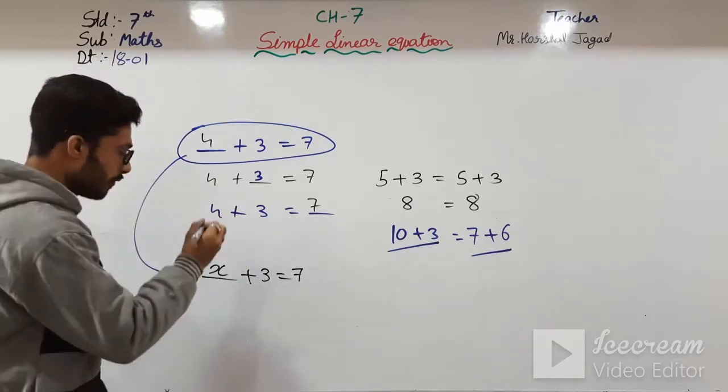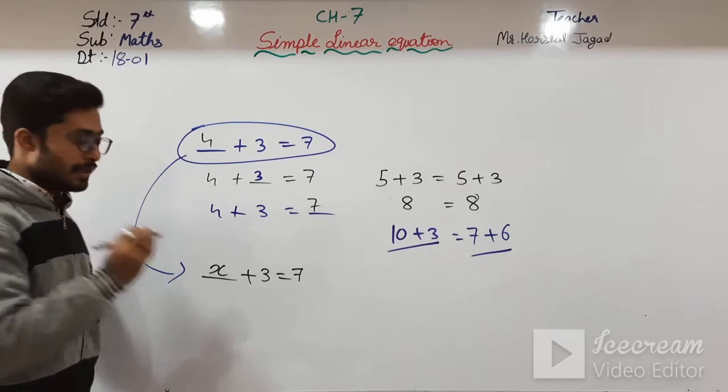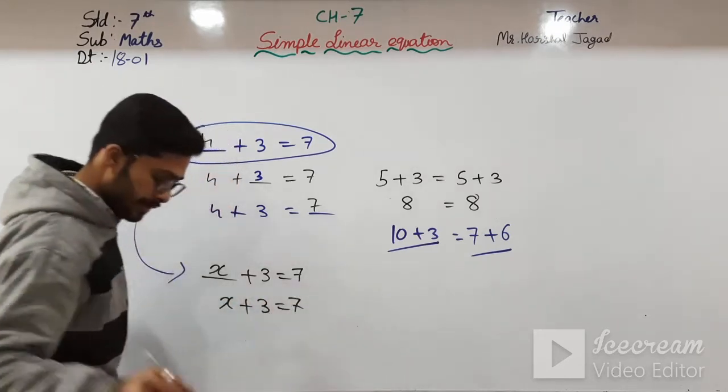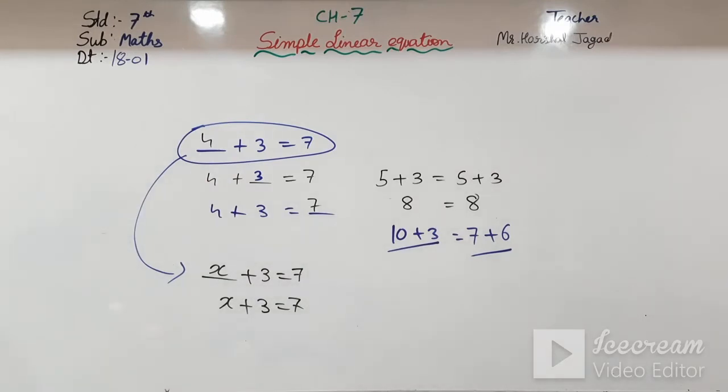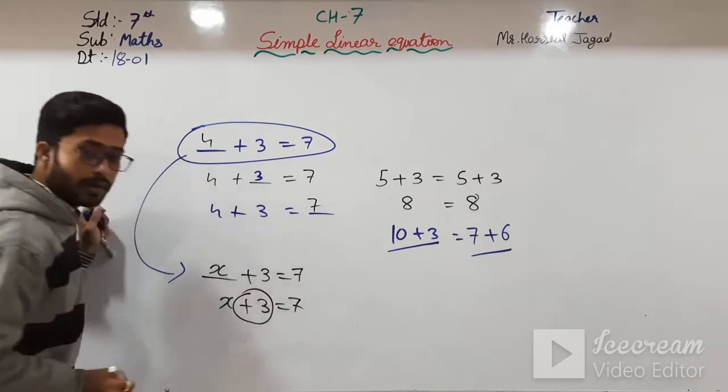If you want to find the value of x, we have studied this in standard 6. x plus 3 is equal to 7, which is given. Here you can see this is plus 3.